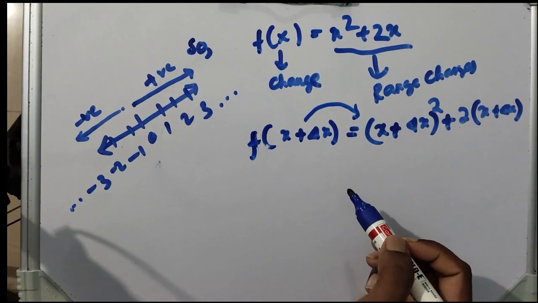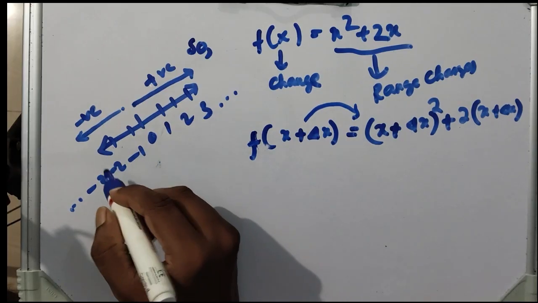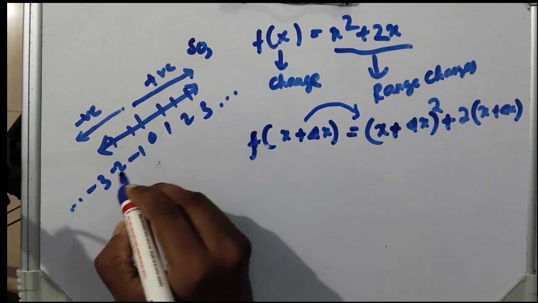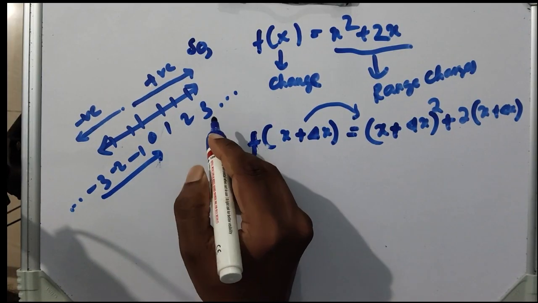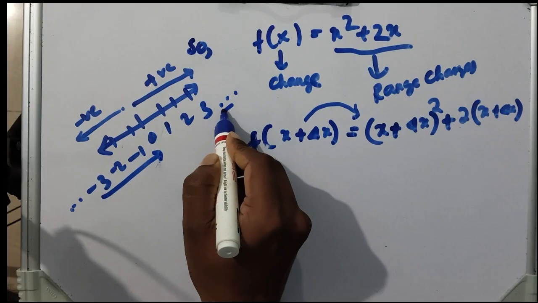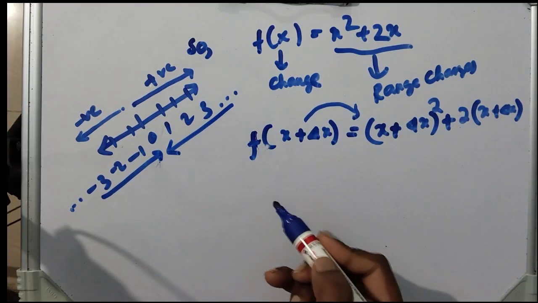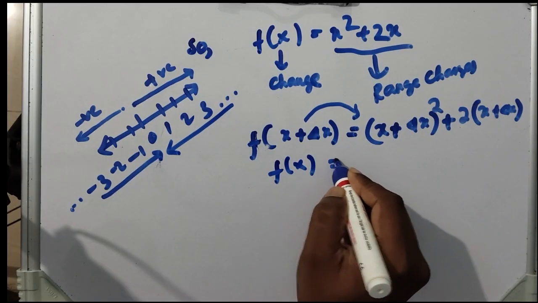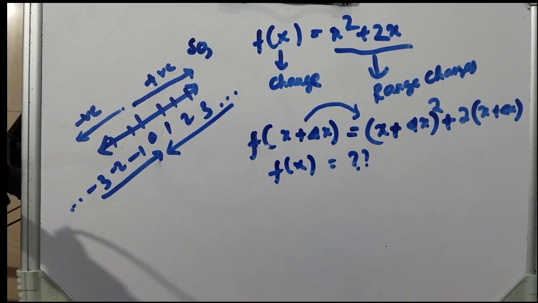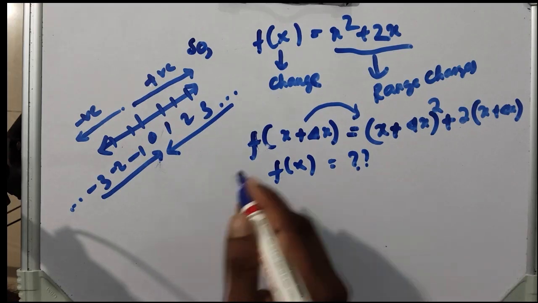Suppose x value changes from minus 3 towards 0, and again from 3 towards 0, so the value of f of x will give the required result.